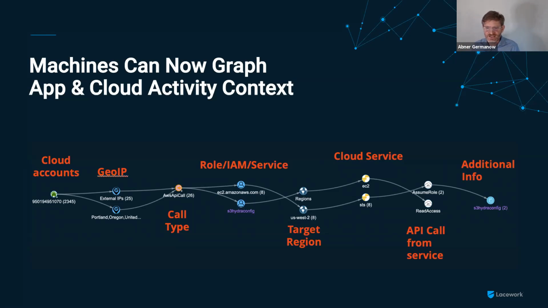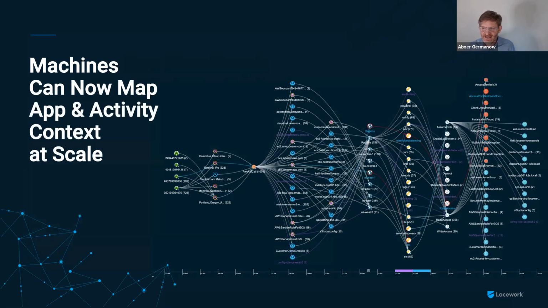Just this alone, a human can get their head around. But when I put this into what happens at scale, that same event is still in there, but it's really hard to figure out what's actually happening in the grand scheme of things. And so the cool thing about modern cloud is that machines can now do this work for us.